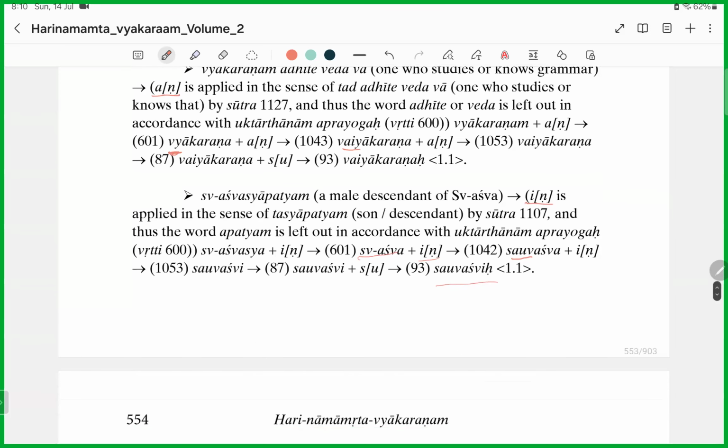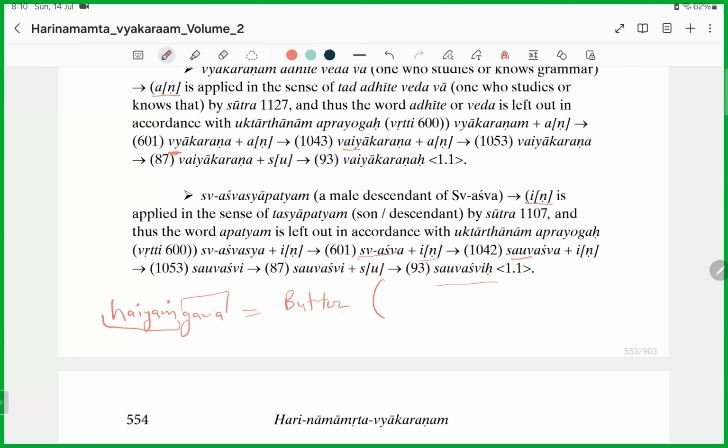Similarly, I was reading one word. It comes in Bhagavatam, and the word is Hayangava. So Hayangava actually refers to butter. Literally, it means, basically, it's divided into two words, Hayang and Gava.